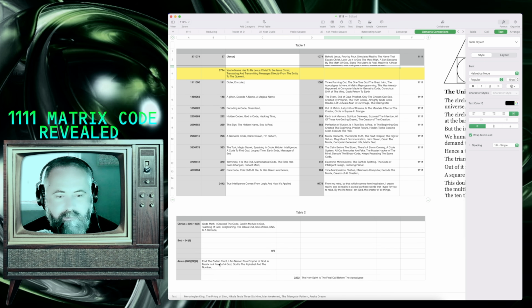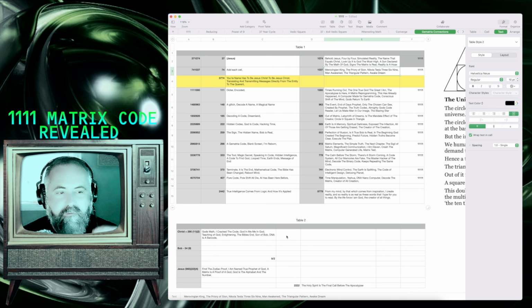But the phrases that we get are find the zodiac proof, I am named true prophet of God, a matrix is a proof of a God, God is the alphabet and the number. Now think about this, folks. All of this is being revealed through numbers and letters.